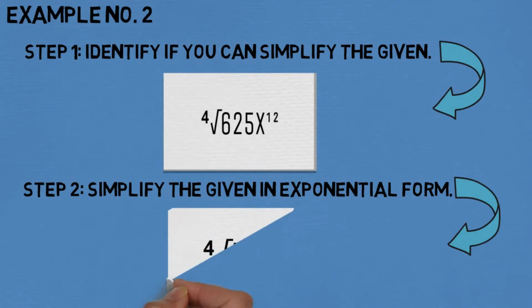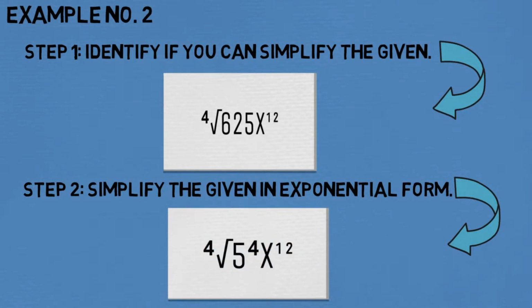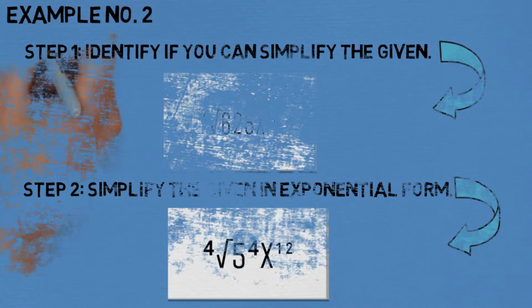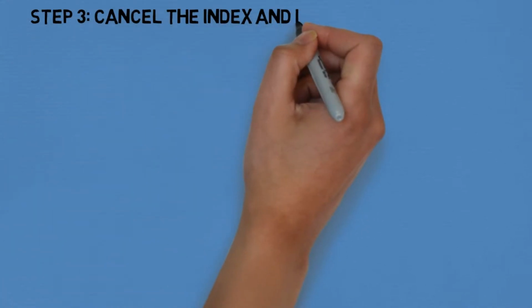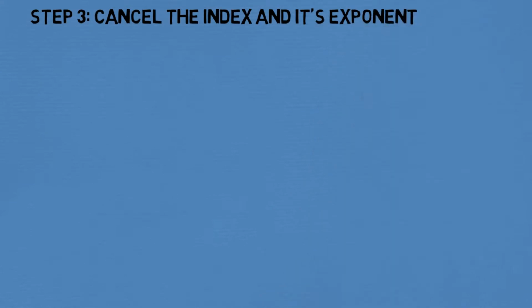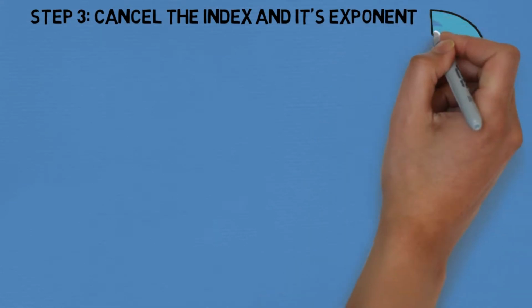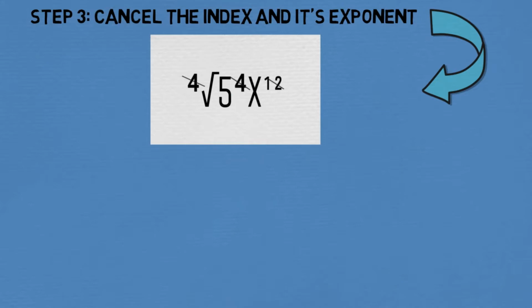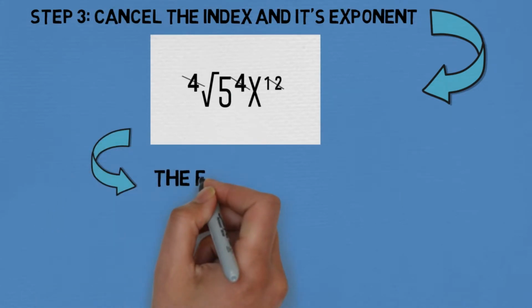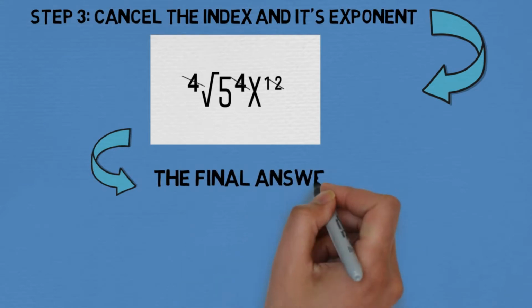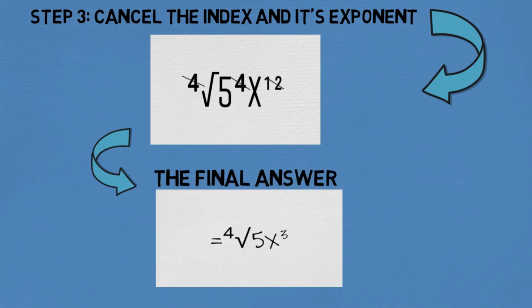Root of 5 to the power of 4, x to the power of 12. Step 3. Cancel the index and its exponent. Lastly, copy the answer of the expression. 4th root of 5x cubed.